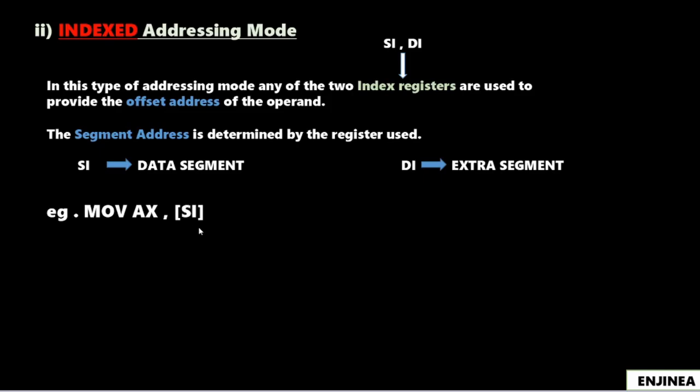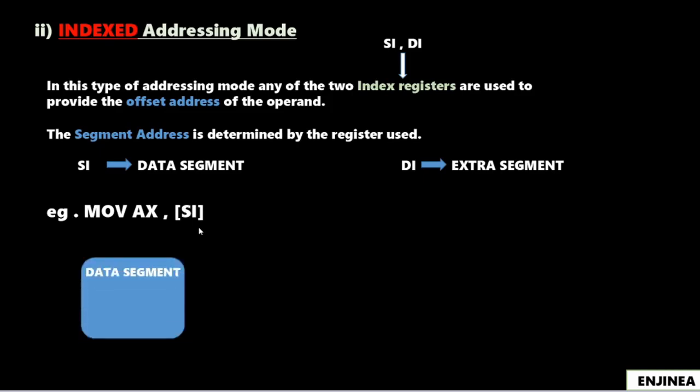What this instruction will do is, this SI will provide the offset address inside this data segment, as we can see here, and the physical address of any location inside that data segment will be calculated as the data segment address times 10H plus SI.